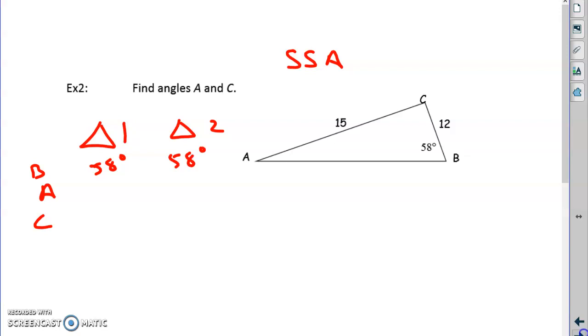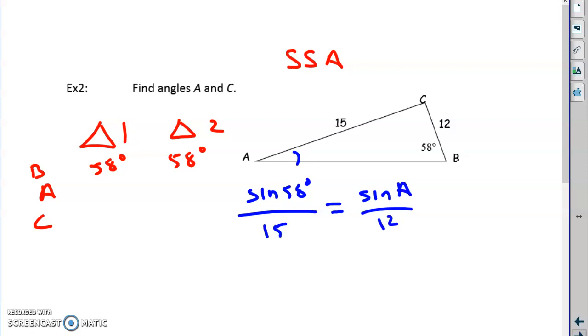Let's create a law of sines to first find that angle A. Sine of 58 over 15 equals sine of A over 12. Cross multiply. Sine A equals 12 sine of 58 divided by 15.